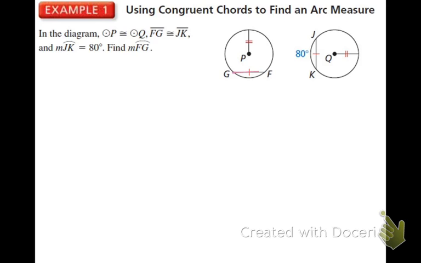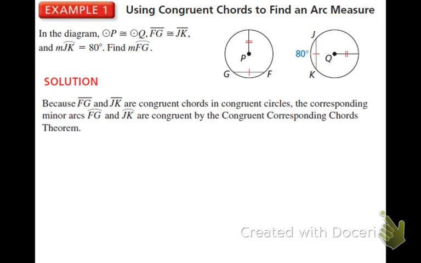These are lines right there. It says the measure of arc JK is 80 degrees. So what is the measure of arc FG? It's also going to be 80 degrees because of the theorem that we just talked about. That doesn't mean that the chords are 80 because a line cannot be degrees.